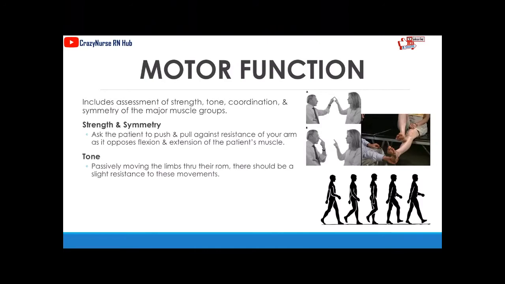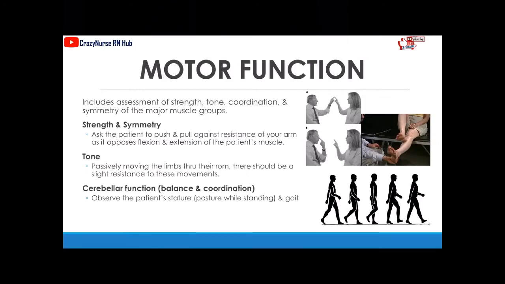Test muscle tone by passively moving the limbs through the range of motion. There should be a slight resistance to these movements. Next, test cerebellar function by assessing balance and coordination. A good screening test for both balance and muscle strength is to observe the patient's stature, that is, posture while standing, and gait.